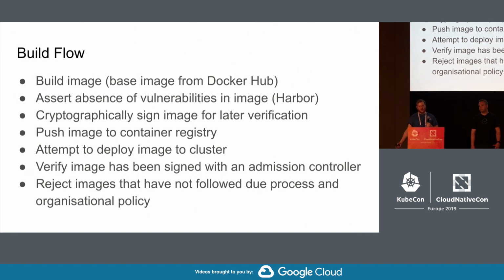We're signing it for later verification, so we're using Docker Content Trust. We're pushing to a trusted registry, attempting to deploy that to a cluster, and then in the cluster we're verifying that it is the image we want, that the image is secure, that the image is not going to harm our other workloads, and then rejecting it if the process or organizational policy has been violated.